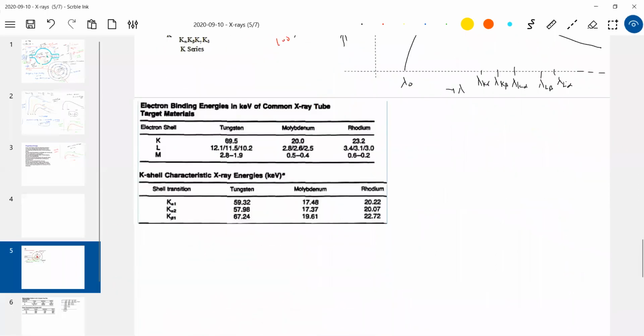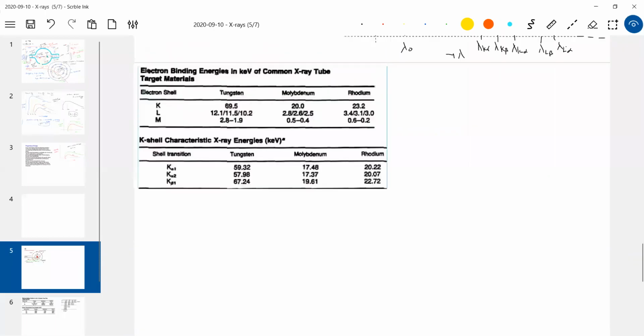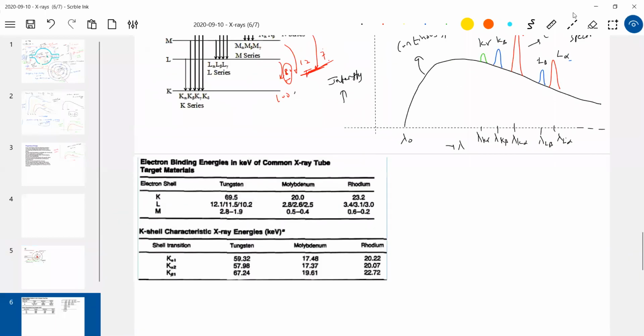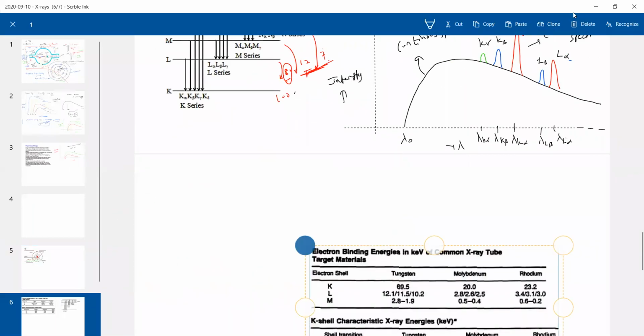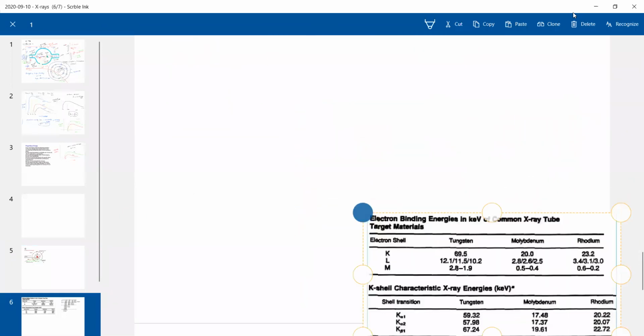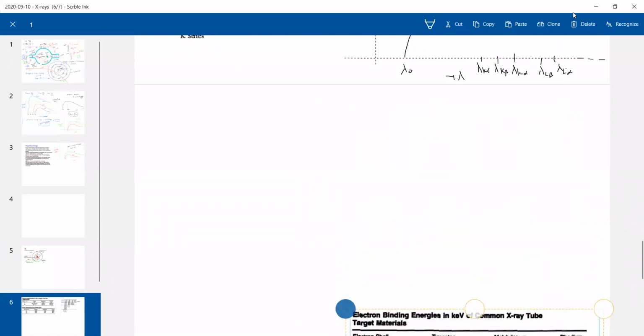So when I plot the curve, there's one more last very good piece of information. I'll conclude, then we'll go to Moseley's law.